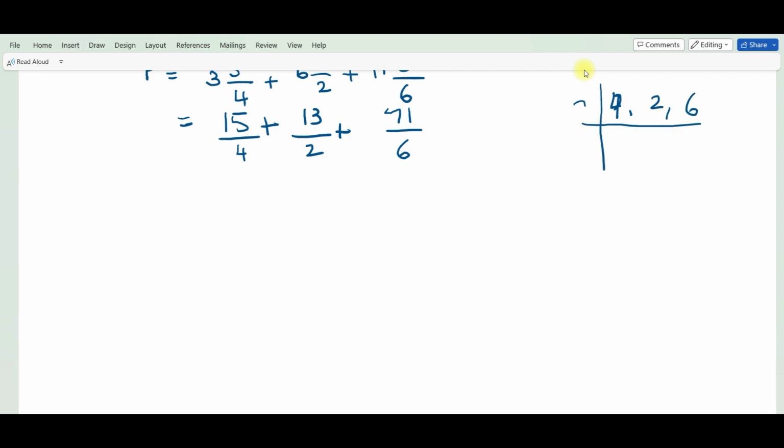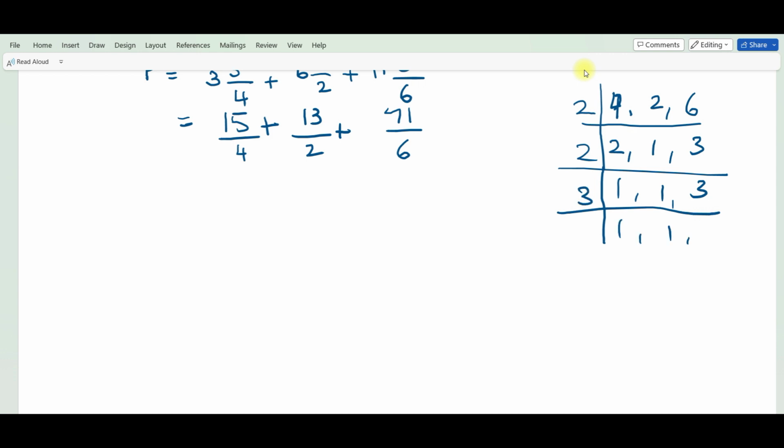It goes with 2 two times, 1 time and 3 times. Now again 2 1 time, and this 3 is written as it is. Now it is 3 1 time and 1 time. So I have 2 into 2 into 3, which gives me 12. That is, 2 2s are 4, 4 3 times will give me 12. So this is the LCM.